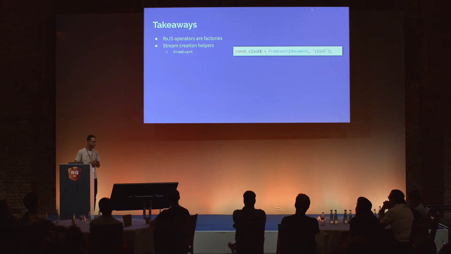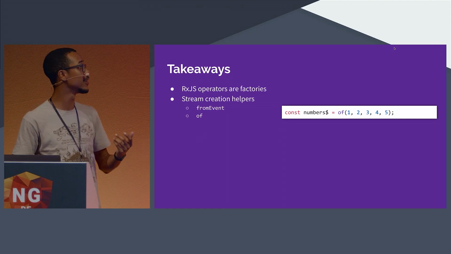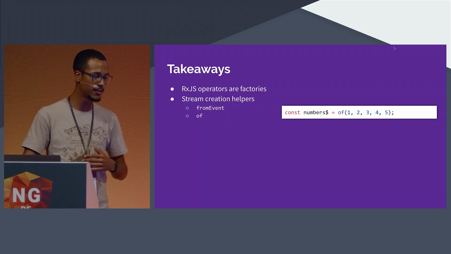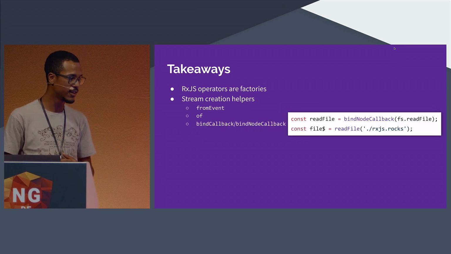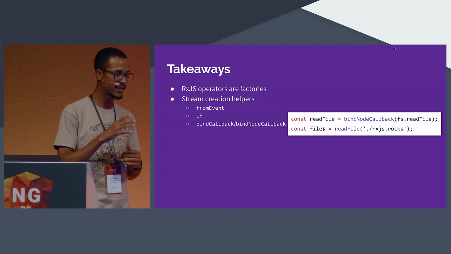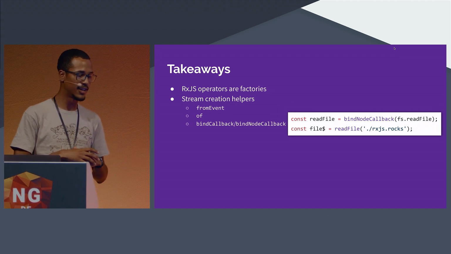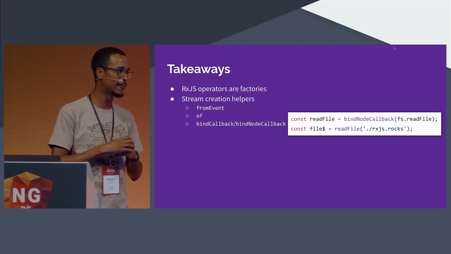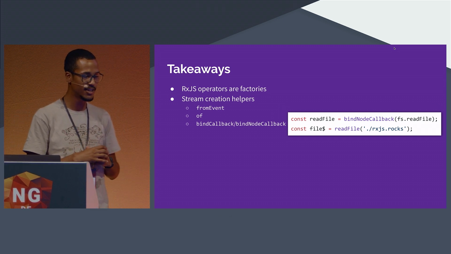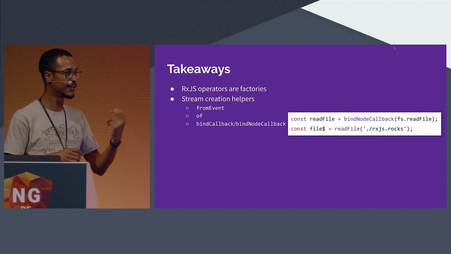And RxJS has a lot of stream creation helpers. Like fromEvent, which we just saw, to create a stream of DOM events. Of, which creates a discrete list of values and then completes. There are bindCallback and bindNodeCallback, which take a function in the good old callback style and create a new function that returns an observable instead.